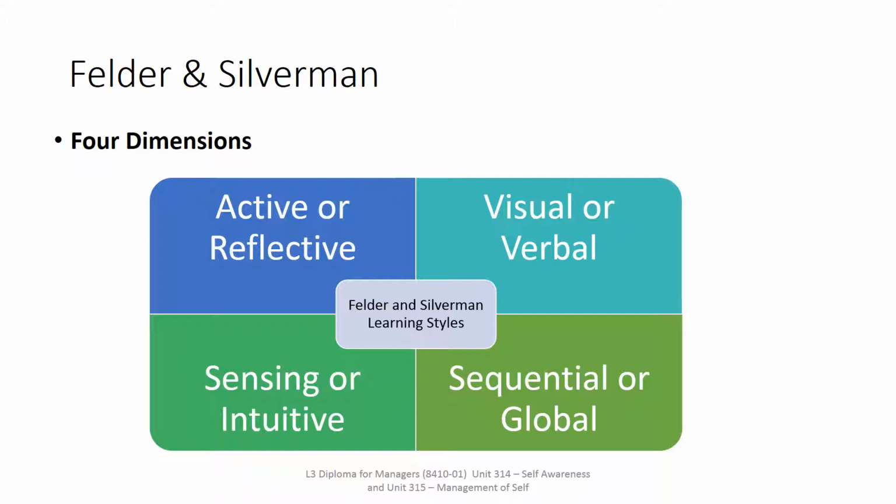So distinguishing between an active and a reflective learner, according to them, we all have periods of being active learners and of being reflective learners. Most people lean towards being active learners. Most people like classroom environments where there's help and a process where they get information.